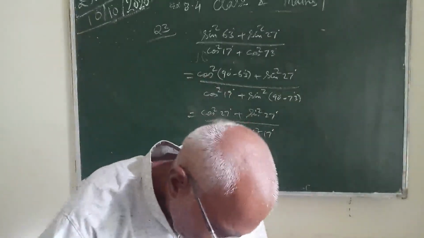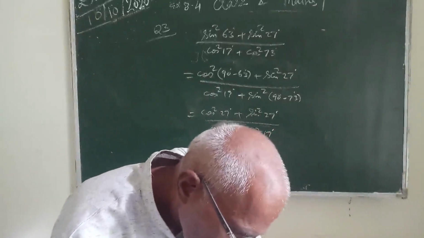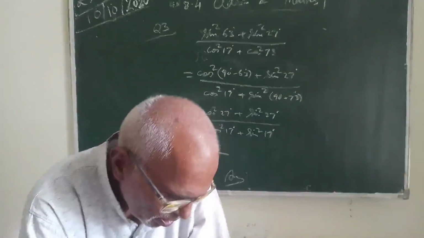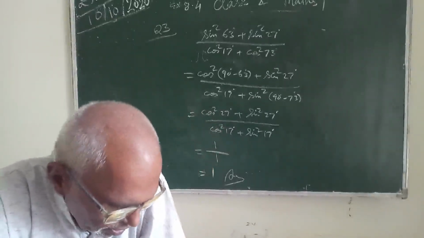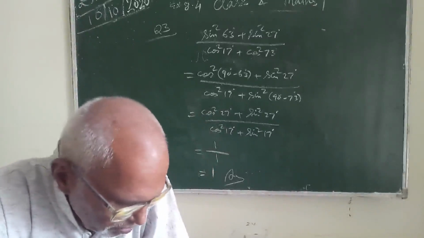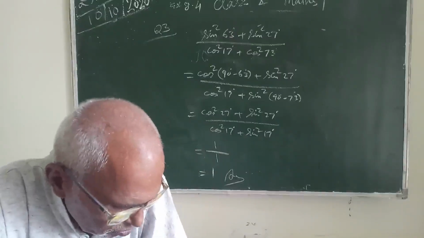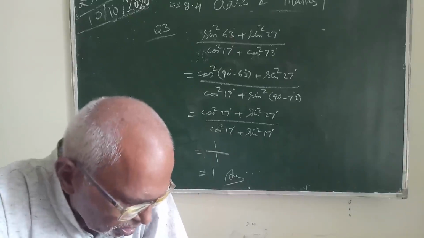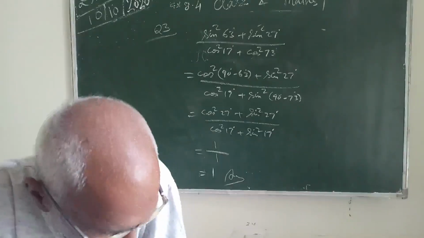Similarly, the second part is given. Here sine and cos are given. Change an angle which is greater than 45 into a ratio of less than 45. So the first part will be sine into sine, the second will be cos into cos, and some interesting result will come. So you do it yourself.